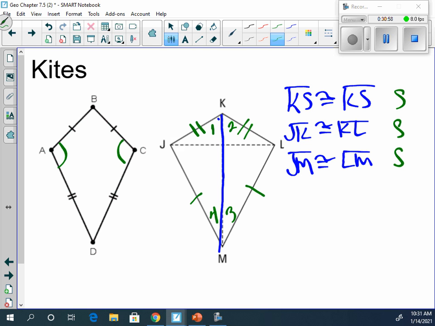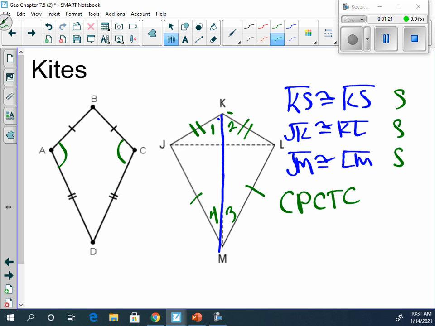I can use this. Do you all remember what the 5-letter acronym is? It's not first word is not congruent. It's corresponding parts of congruent triangles are congruent.